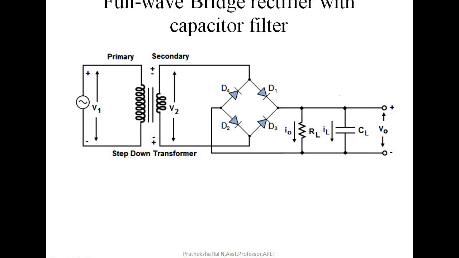Now the capacitor has charged to the peak value Vm, and the output voltage starts reducing. Because of that, the capacitor starts to discharge, and it will discharge very slowly till what point? Till D3 and D4 start conducting and it reaches the point of Vc.